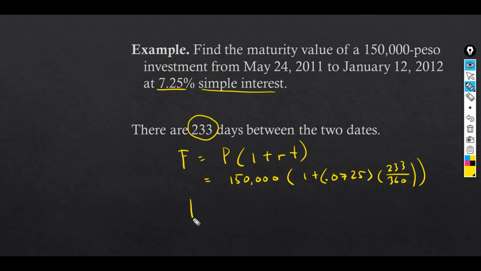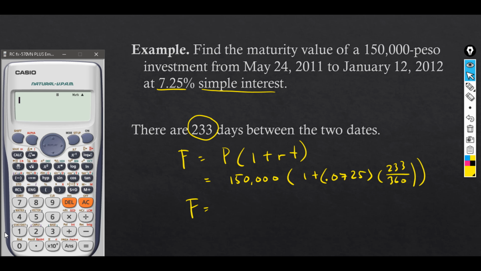Using our calculator, let's solve that and compute. 150,000 times parenthesis 1 plus 7.25% times 233 over 360, close parenthesis.